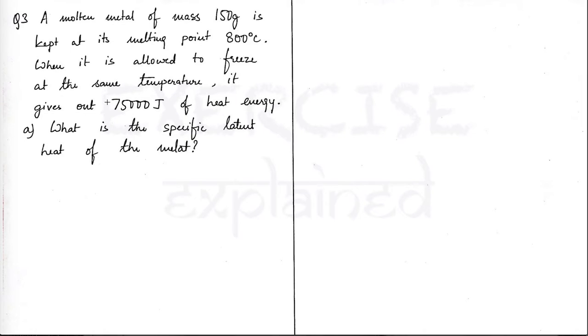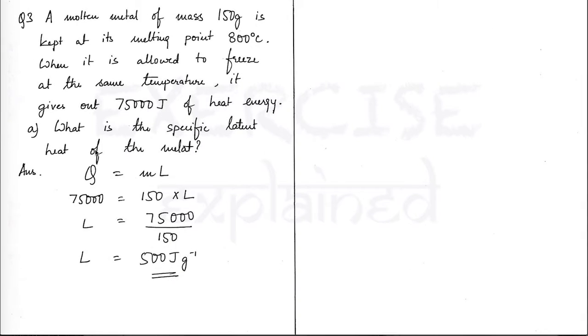Now you already know that whenever there is change of phase, we will be using ml. So simple thing, I would write Q is equal to m into L. So Q is taken as 75,000 because it is given in the question, is equal to m into L. So mass, I have taken it in grams only, that is 150 grams, into L. So we get L is equal to 75,000 divided by 150, because 150 goes to the other side, gets divided.